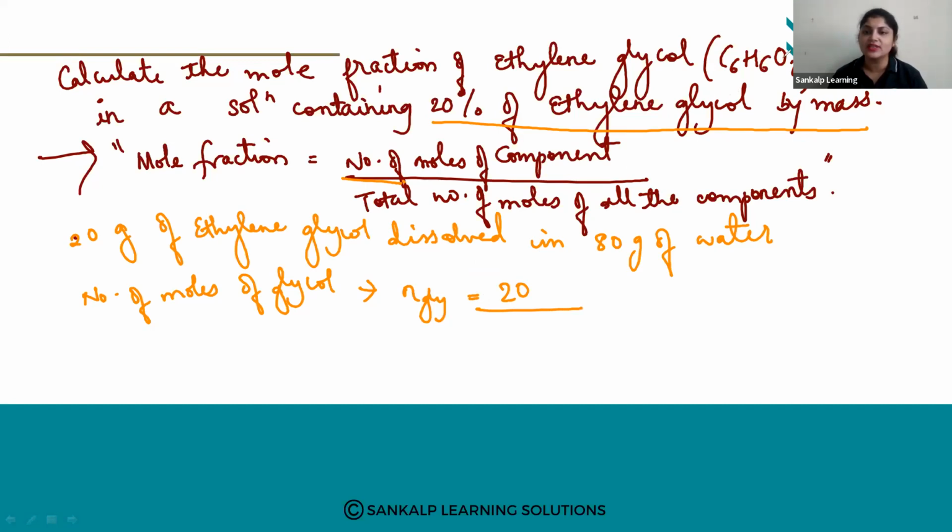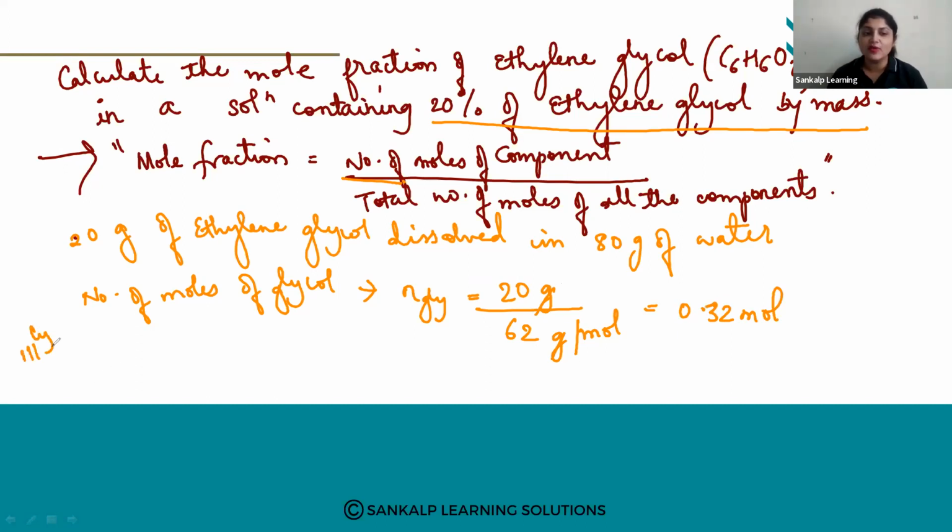Hydrogen is 1, oxygen is 16, carbon is 12. After you calculate, it will be 62. So 20 grams divided by 62 grams per mole, that is mass by molar mass. After solving this, what do you get? It will be 0.32 mole. Solve and see, you will get 0.32 mole.